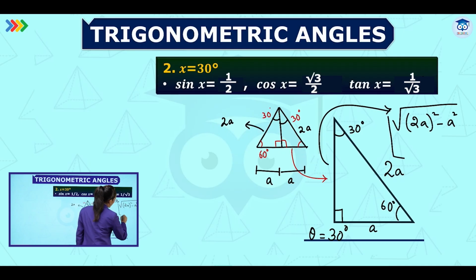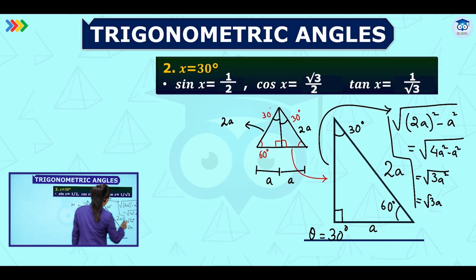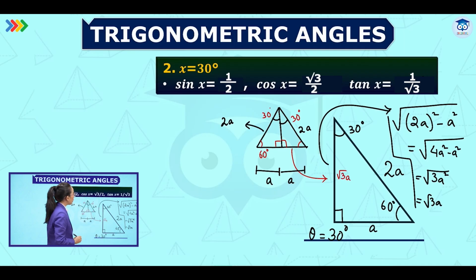So we have under root 4a square minus a square, so under root 3a square, so under root 3 a. So this side length becomes root 3 a.